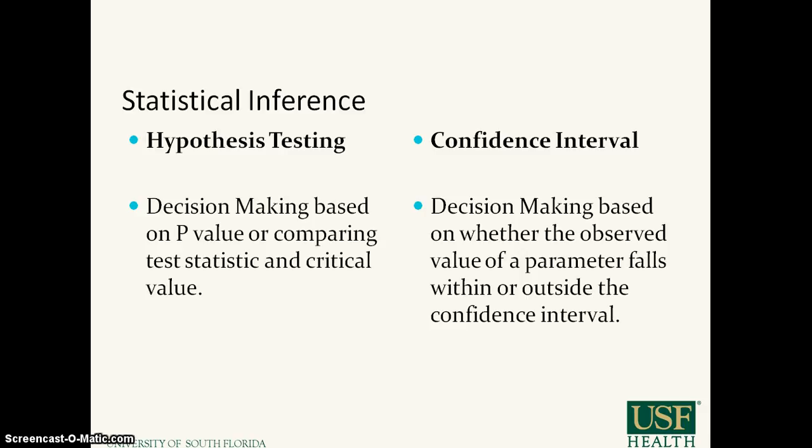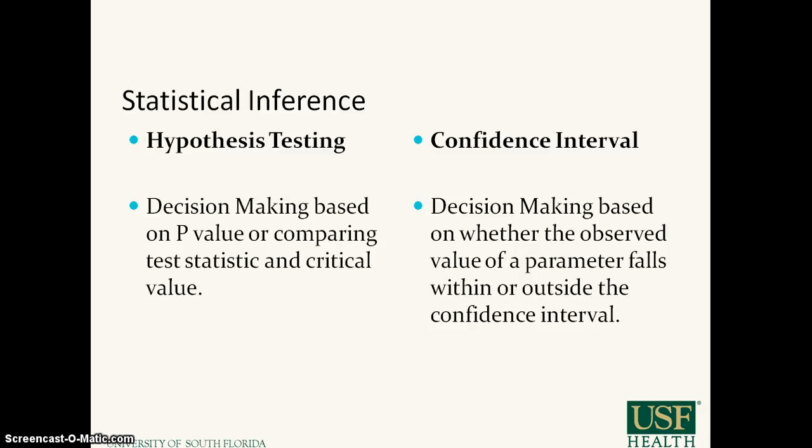And then you need to make a decision whether you reject the null hypothesis or accept the null hypothesis. Okay? So decision making based on p-value or comparing test statistic and critical value. Just remember, hypothesis testing is a process. It consists of multiple steps.